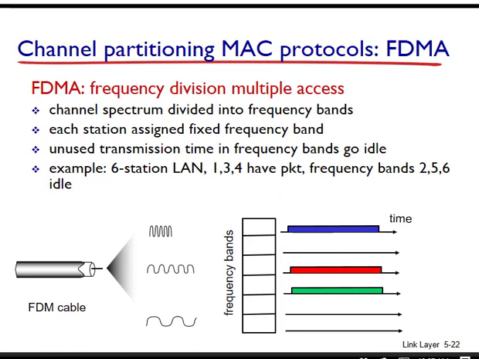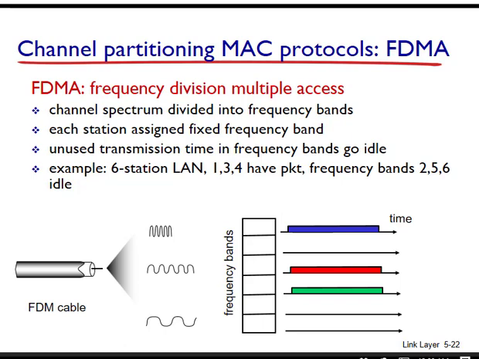While time division multiplexing shares the broadcast channel in time, frequency division multiplexing divides the channel's bit rate into different frequencies, each with a bandwidth of the rate divided by the number of hosts, and assigns each frequency to one of those nodes.